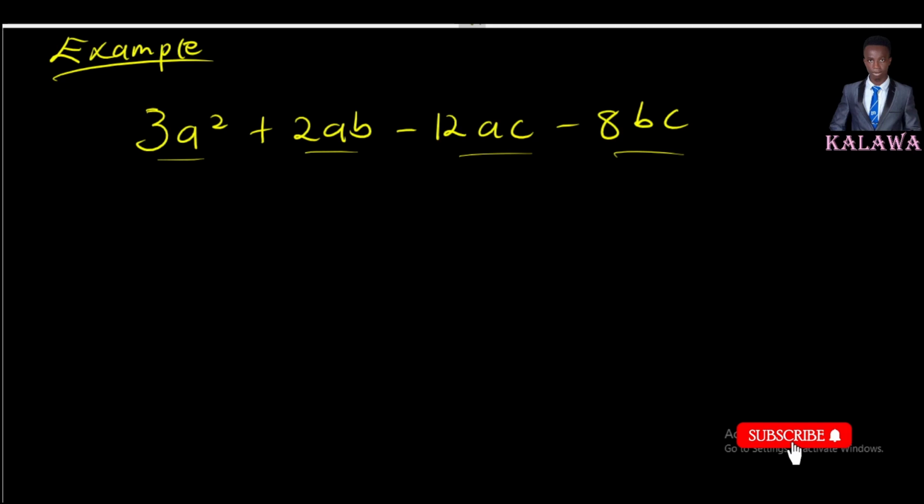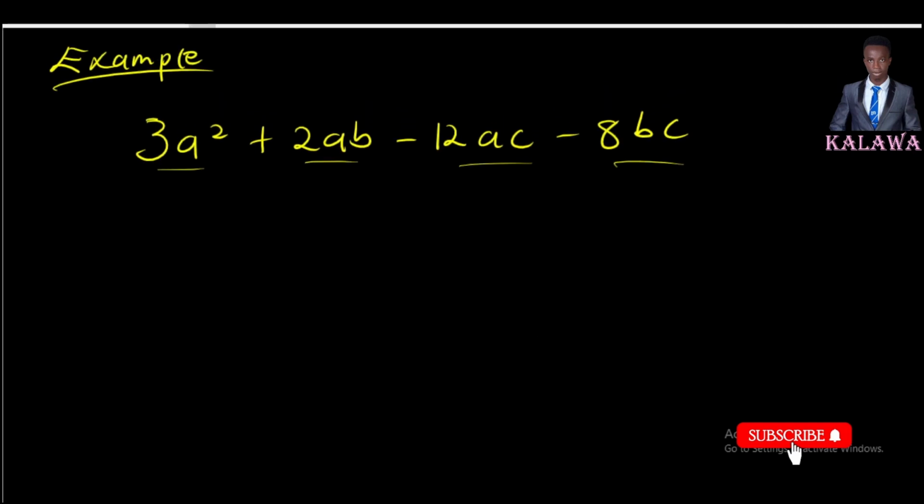So if we use the method of grouping, what we do is we first of all group them together. We can notice we have A here, and also A here. So up to 3 terms, you can notice we have A. But in this term, we have A squared and there's A here.